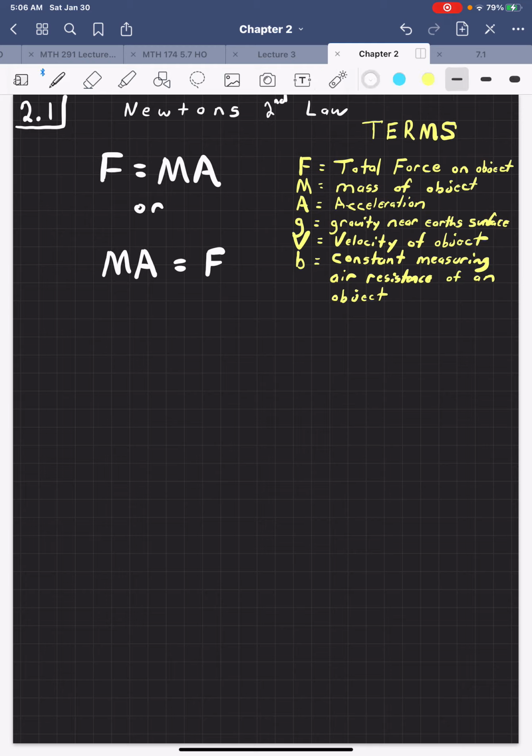So let me start with, because right now we've got to get this, F equals ma, to look like a differential equation before we can start trying to solve it. So we know that acceleration is just the derivative of velocity with respect to time.